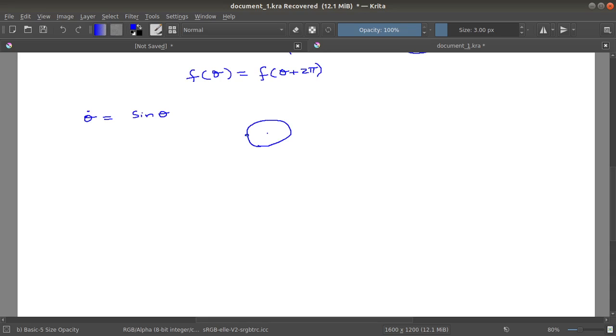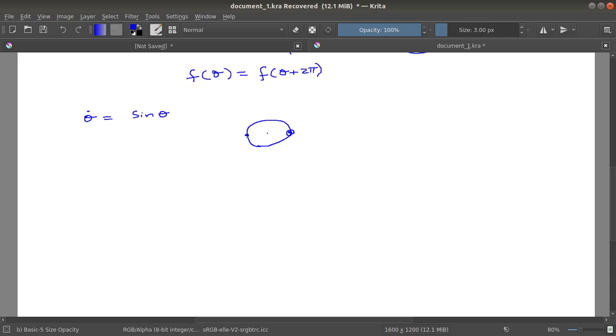That represents the same point in the circle, and theta equal to 0 represents this point, right? And at theta equal to 0 we have observed that it's a fixed point which is unstable. So instead of putting a solid dot, we will put it like this, and this notation is also the same as in the flow on the line.